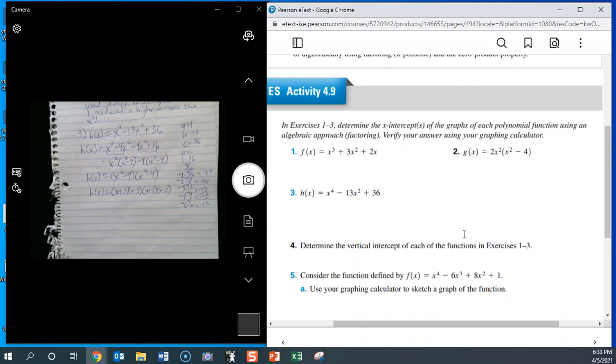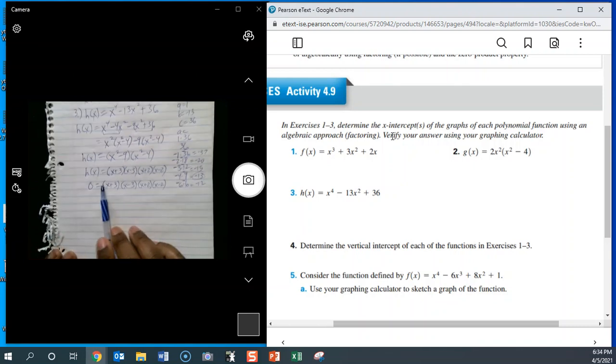Now looking back at this here, we want to determine the x-intercepts. So we know x-intercept is when y is 0, so we will make this h of x equal 0. And we will bring down the values that we have here. Now we will have to set all four of these values equal to 0.